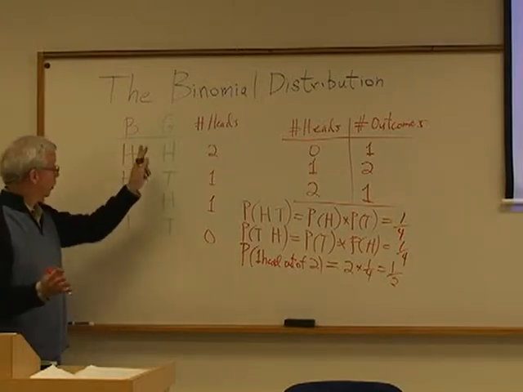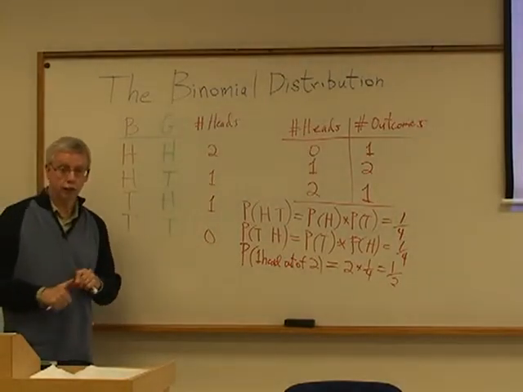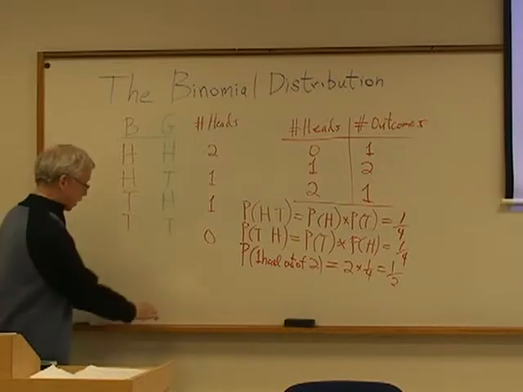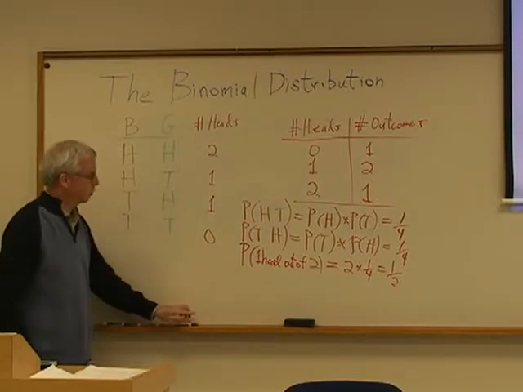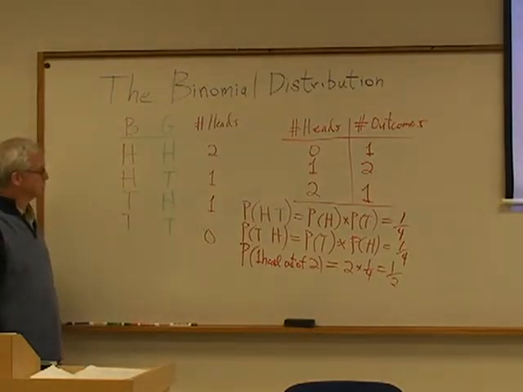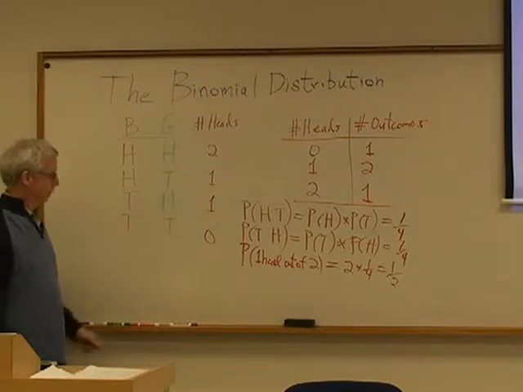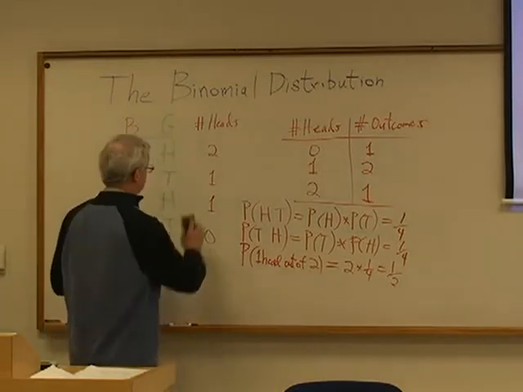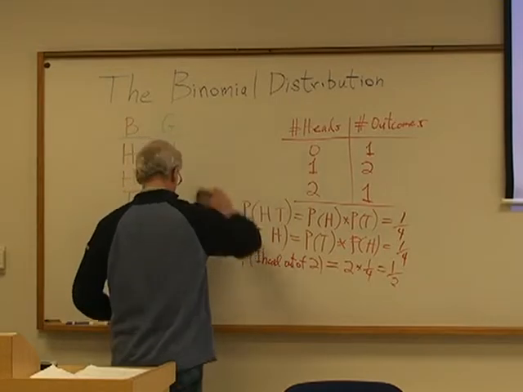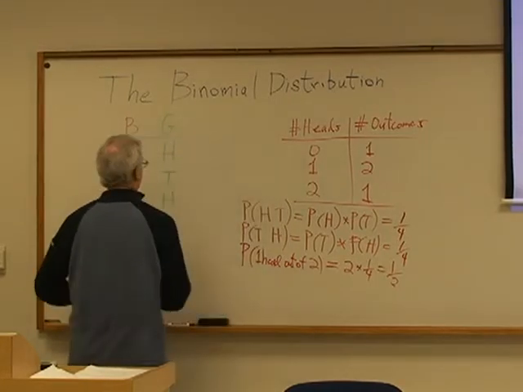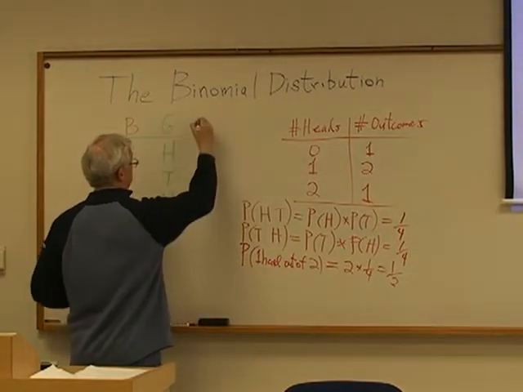What we'll do next is we'll go to 3 different coins and see if we can start to develop a bigger pattern here. So now I'm going to introduce a blue coin.